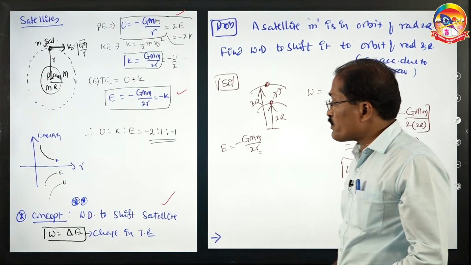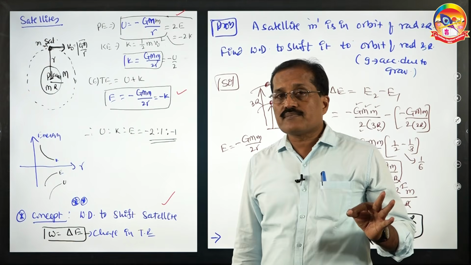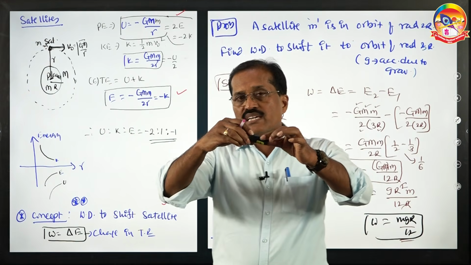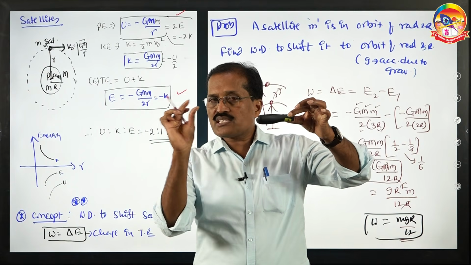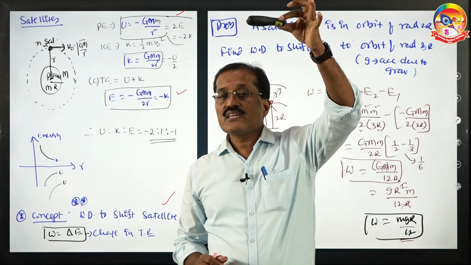You can see we have problems on work done to shift the satellite, because, children, I want to give a small piece of information about work done to shift an object. The work done to shift an object from here to here is equal to what?